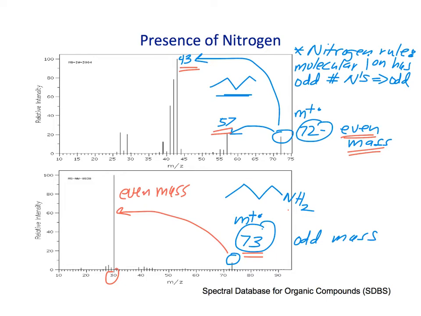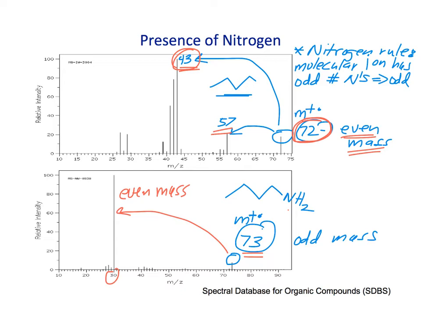So if our fragmentation cleaves one bond, and we're not going to go through mechanisms of how these cleave, the most common situations are where we start out with an even mass if there's 0 nitrogens, and we'll get odd mass fragments. And it's just switched if we have an odd number of nitrogens.